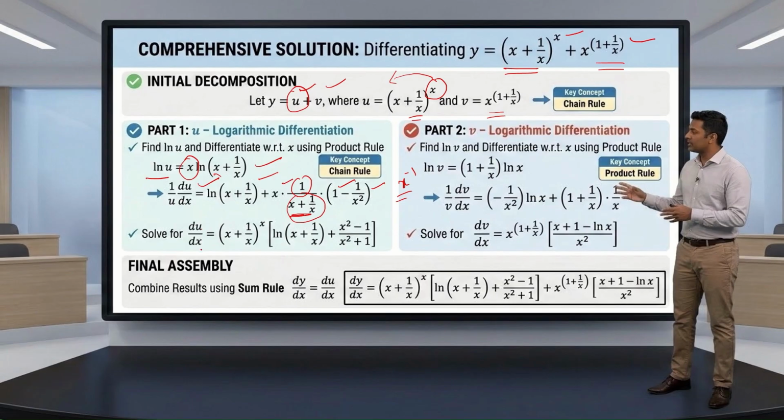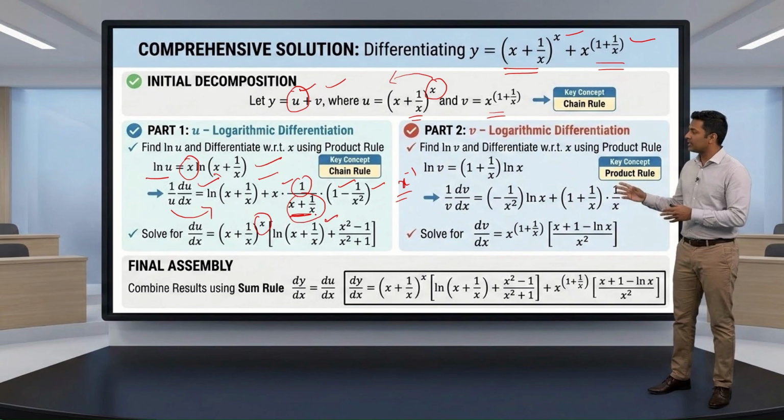Next, du by dx. This u I am sending to this side, that is the u value. What is the u value? The u value is (x plus 1 by x) to the power of x. Next, this log, ln of (x plus 1 by x), as it is.